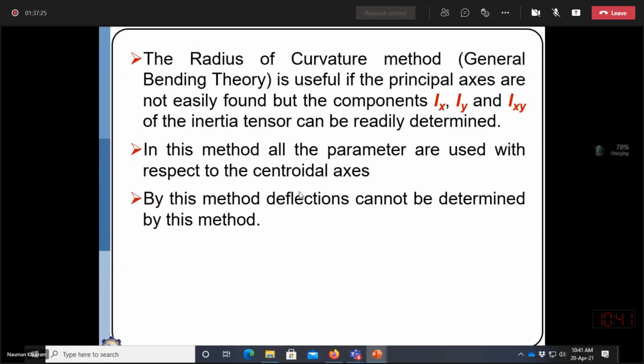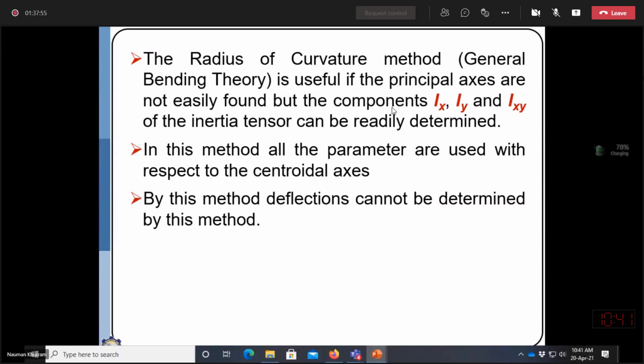But this method has a certain limitation. The limitation is that we can compute the stress at any point by using the radius of curvature method, but we cannot determine the deflection. Why? Because in this general bending theory, we input all properties, either the loading properties, moments, or geometrical properties, with reference to the centroidal axis.